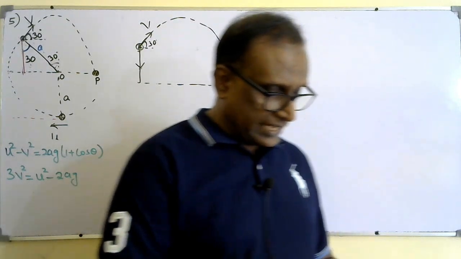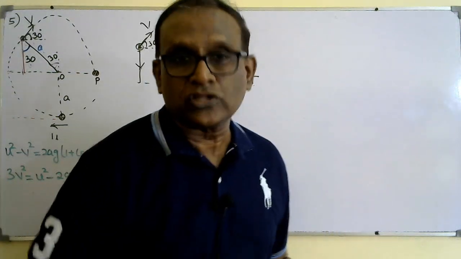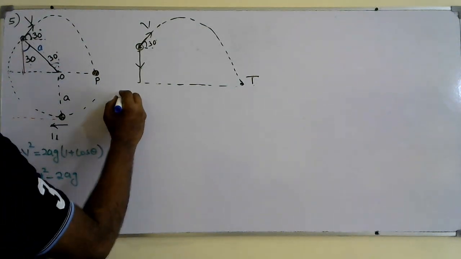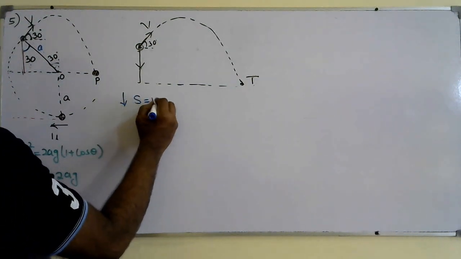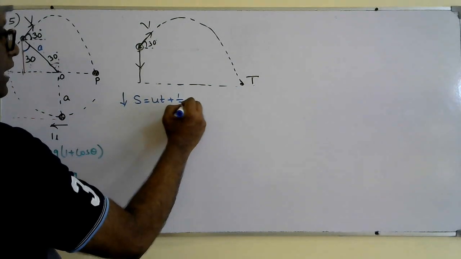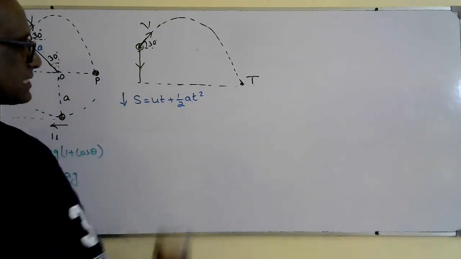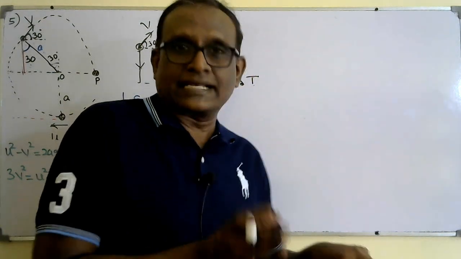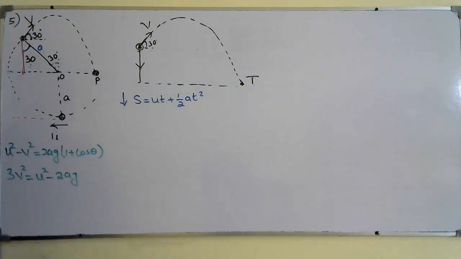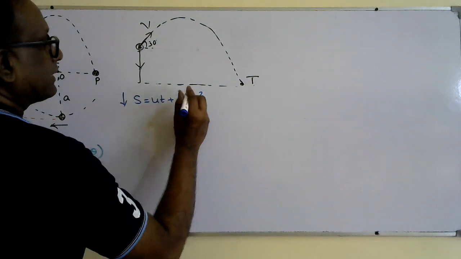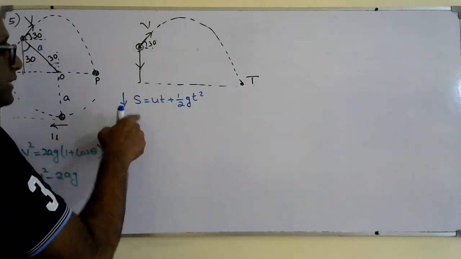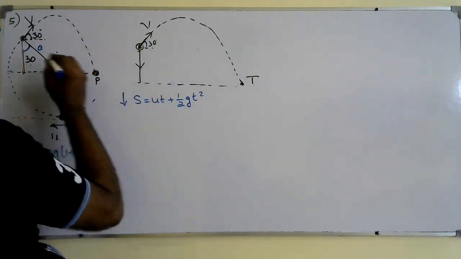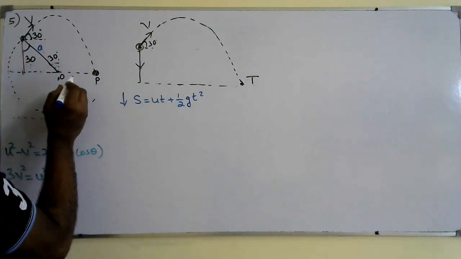So we are going to use the equation S equals UT plus half AT squared for the whole projectile motion from here to here, taking downwards as positive. Careful, the radius is also A, but here A stands for acceleration. I'll put G because it is moving under gravity, so half G T squared.